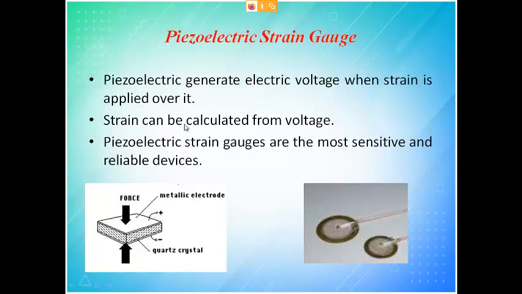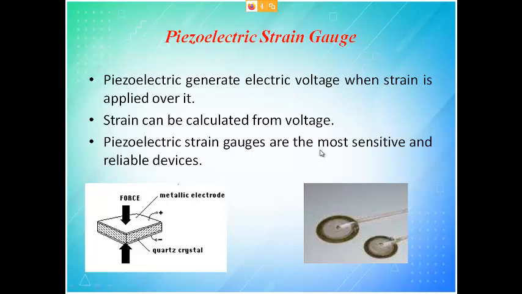This is even used in the army for triggering bombs. You might have seen in some movies, whenever a tank is moving, they might have placed a sensor at the bottom. When the tank rolls over it, it will be activated and that will explode.